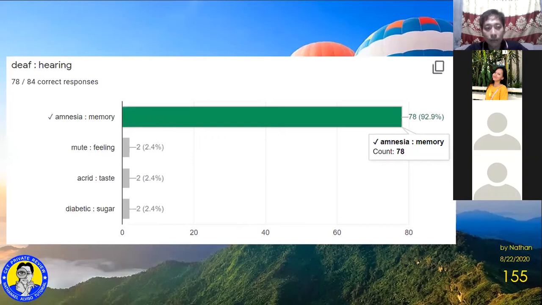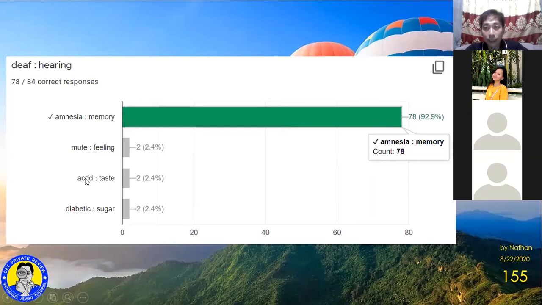Mute is the absence of speaking, right? It's not the absence of feeling. Because if it's absence of feeling, that's pusong bato. No, I'm just kidding. It's leprosy, ketong disease, with absence of feeling or absence of touch. Okay, it's a disease.